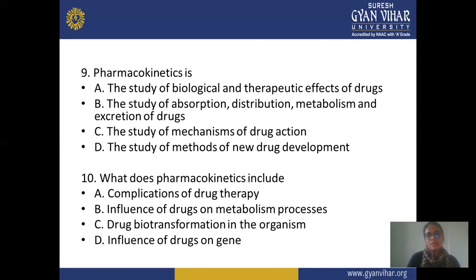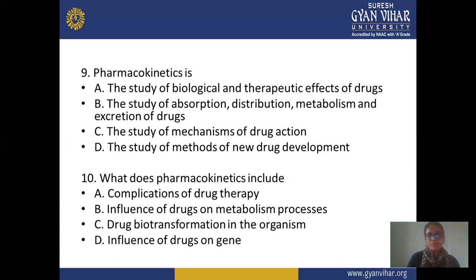B option, the study of absorption, distribution, metabolism and excretion of the drug. C option, the study of the mechanism of drug action. And D option, the study of methods of new drug development. Out of these four options, you select the one correct option which fits the pharmacokinetic parameter.